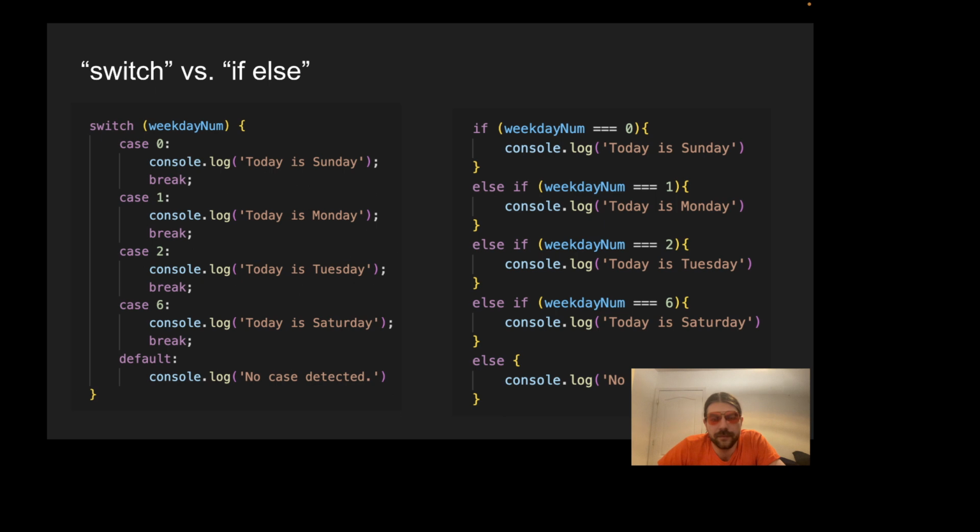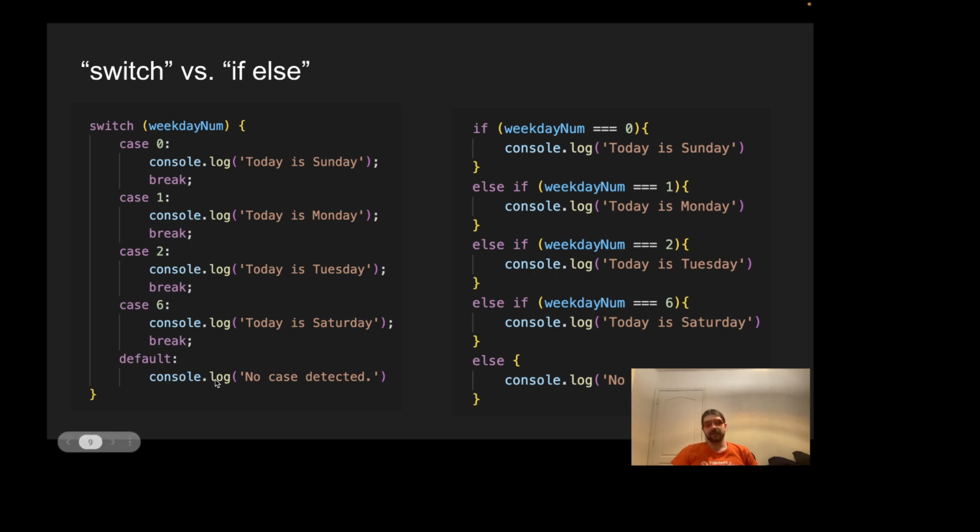Here we can take a look at the same code block side by side, using an if else versus using the switch statement. We can see that they're both giving us the same results, but the switch statement can be a little bit easier to read.